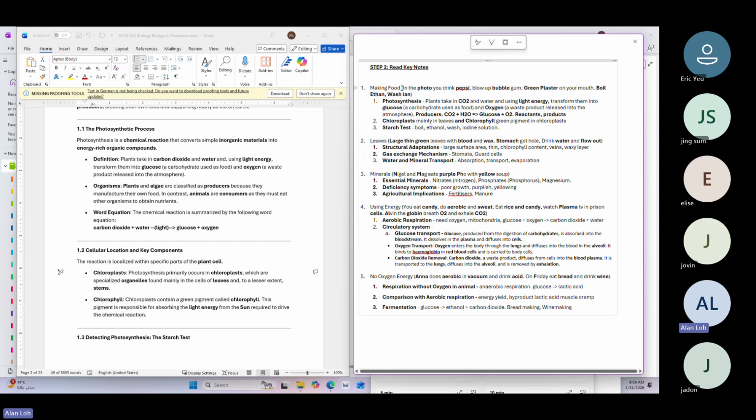If you follow me, you see, in the photo, you drink Pepsi and blow bubblegum. So this is effectively helping you to remember there is photosynthesis. And this photosynthesis is related to carbon dioxide and oxygen, right?